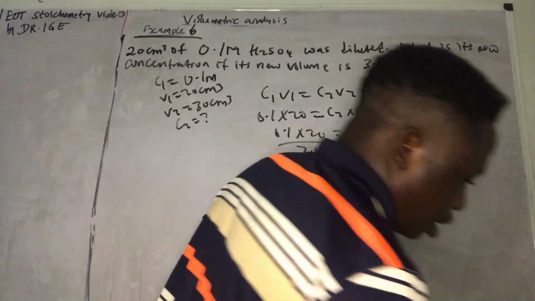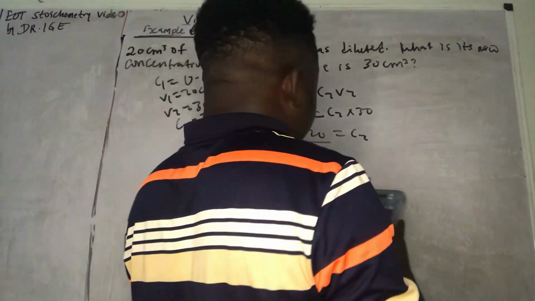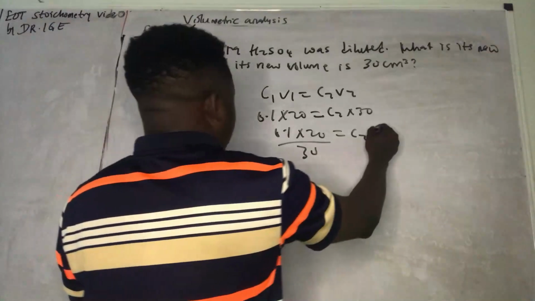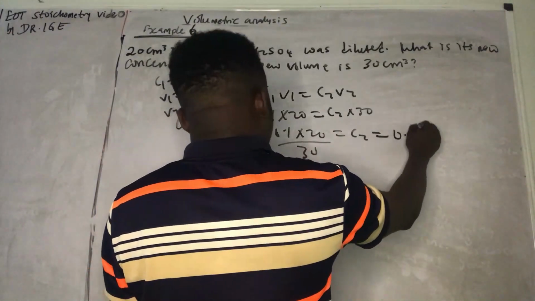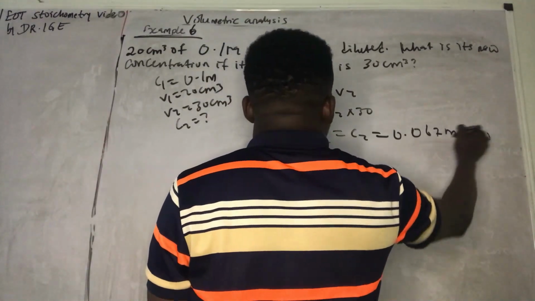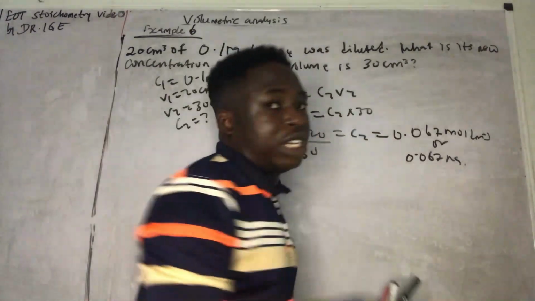So 0.1 times 20 divided by 30, C2 is 0.067 mol/dm3. So that is it.